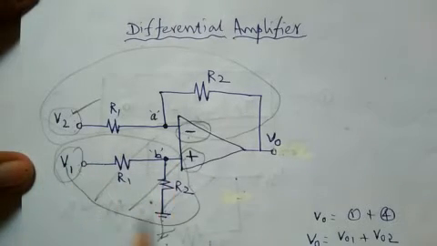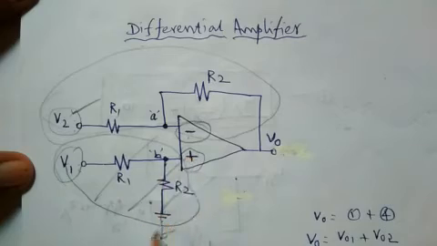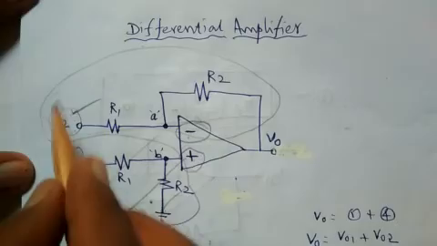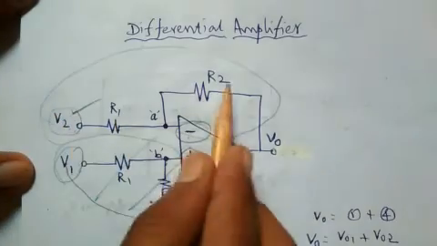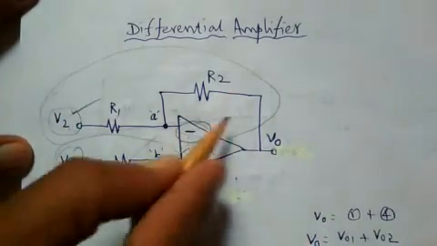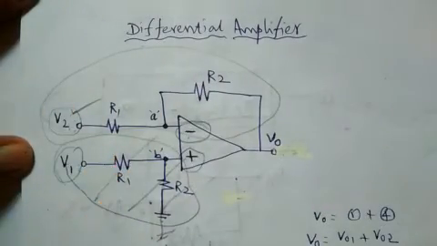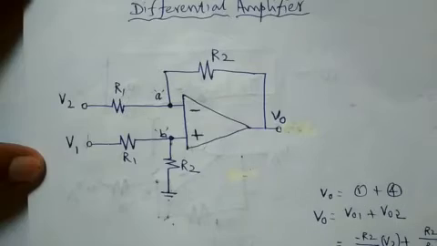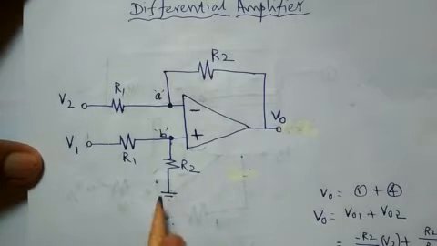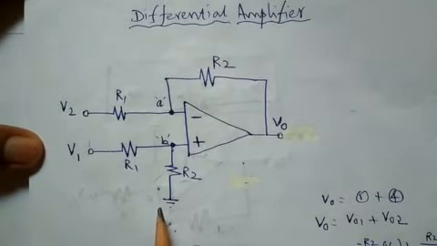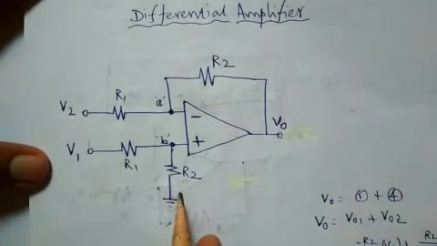So we ground the entire non-inverting terminal and omit all the terms there. We use the inverting terminal as it is, giving V2 as input, R1, R2, output, everything. By considering this, you treat the differential amplifier as a pure inverting amplifier and record the output as Vout1 for the inverting case.